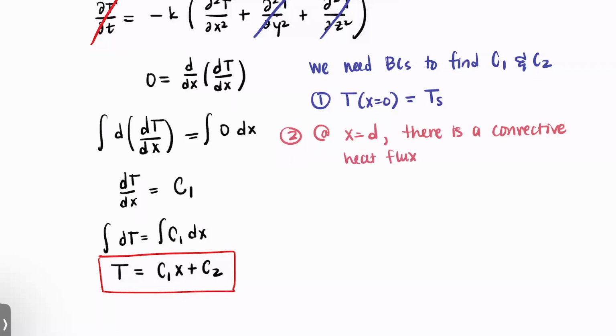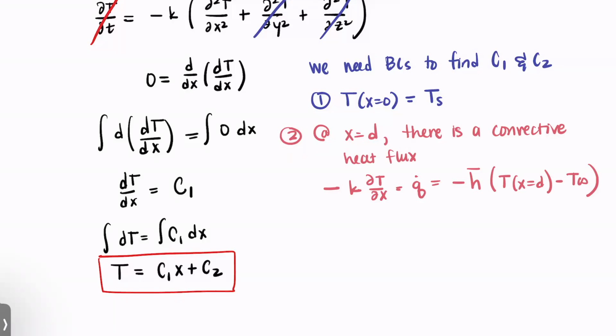All right, so I'm going to write this as minus k partial T partial x is equal to q dot, which is minus h bar times T at x equals d minus T infinity. So basically what I'm saying is q dot equals q dot.